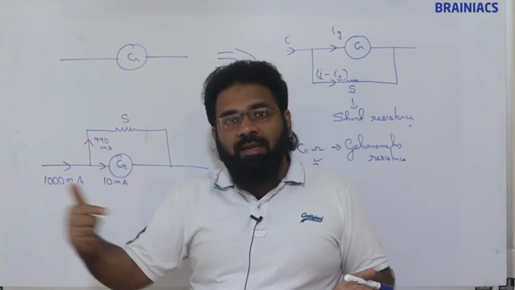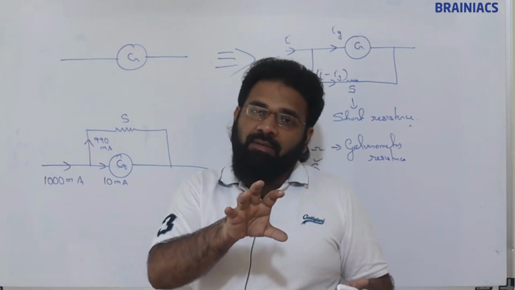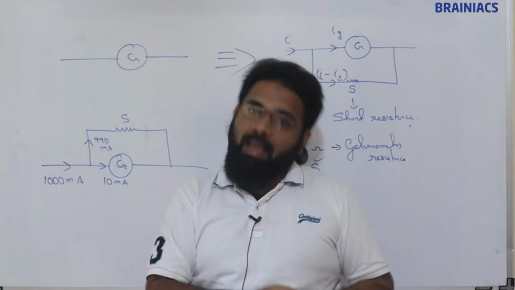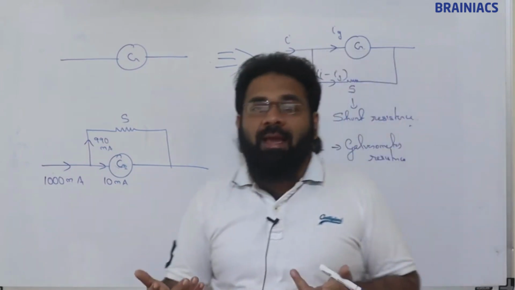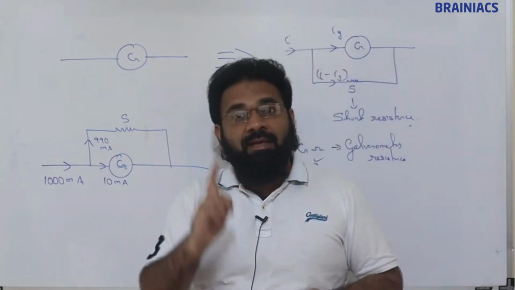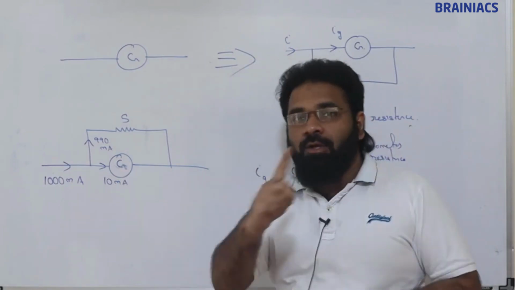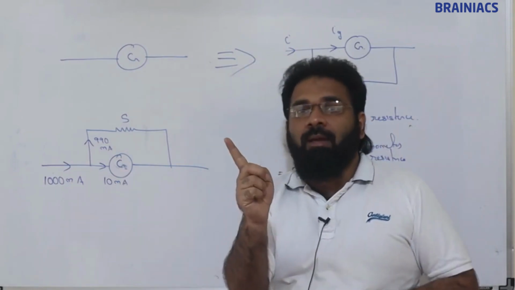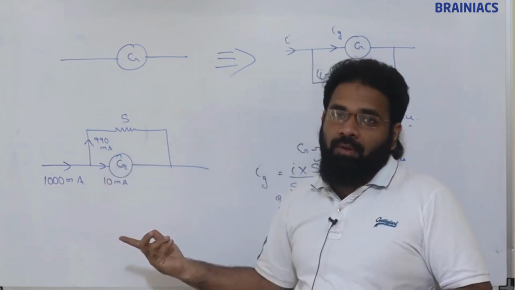So when 1000 milliampere is passing through a circuit and we connect the ammeter there, it should show 1000 milliampere, not this 10 milliampere. So we do calibration, meaning when 10 milliampere is passing through the galvanometer, the needle should show 1000 milliampere. So the markings here we will change accordingly.